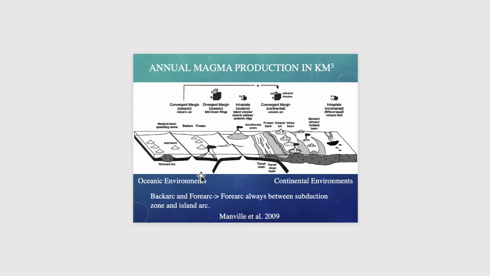And also we have other cases in which we talk about remanent arcs. So many times we form an arc, but then this arc will be moved away, and so the Hawaiian example should now resonate in your mind.